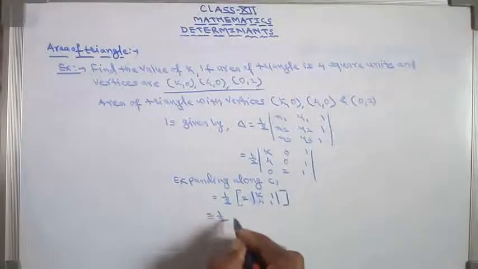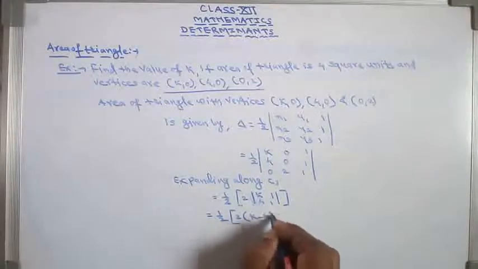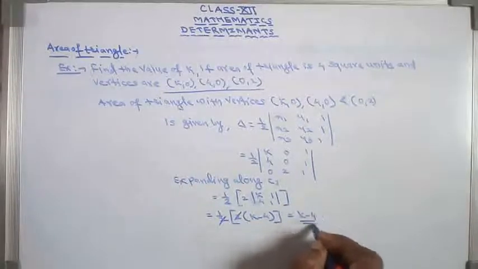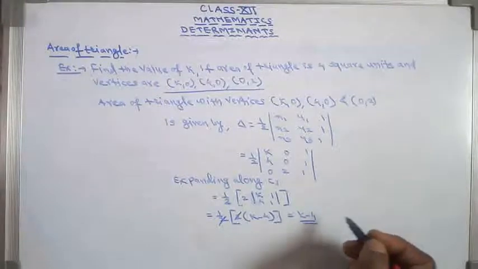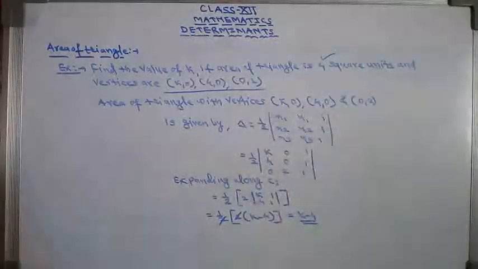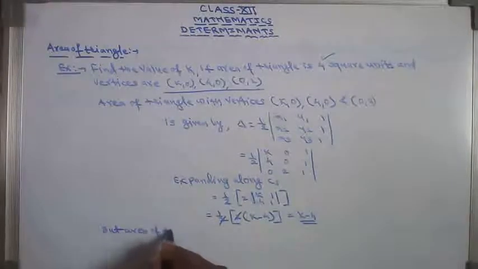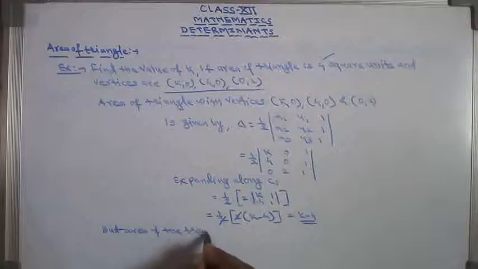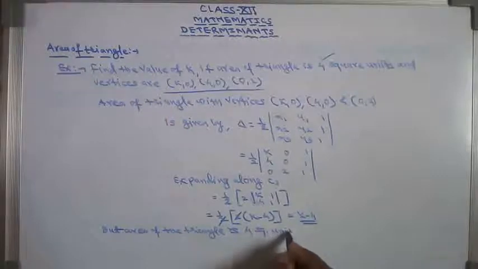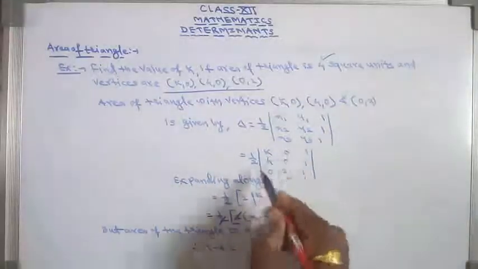So that is half into 2 into bracket k minus 4. The 2 gets cancelled here, so that is k minus 4. This is the area of the triangle, but the area of the triangle is given as 4 square units.